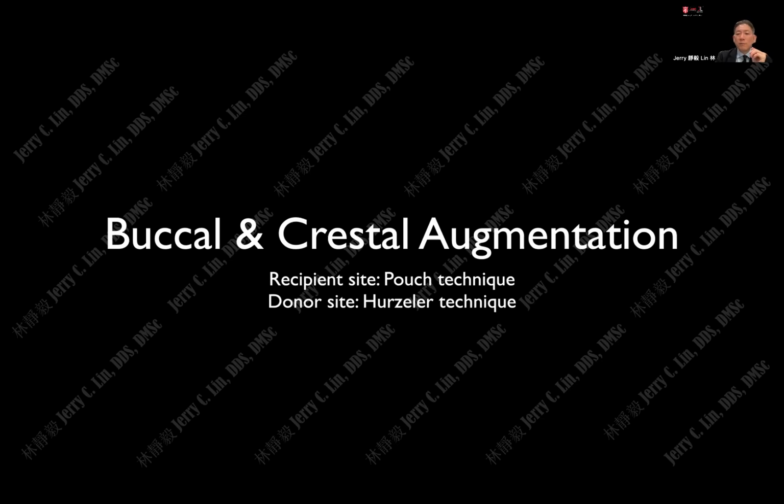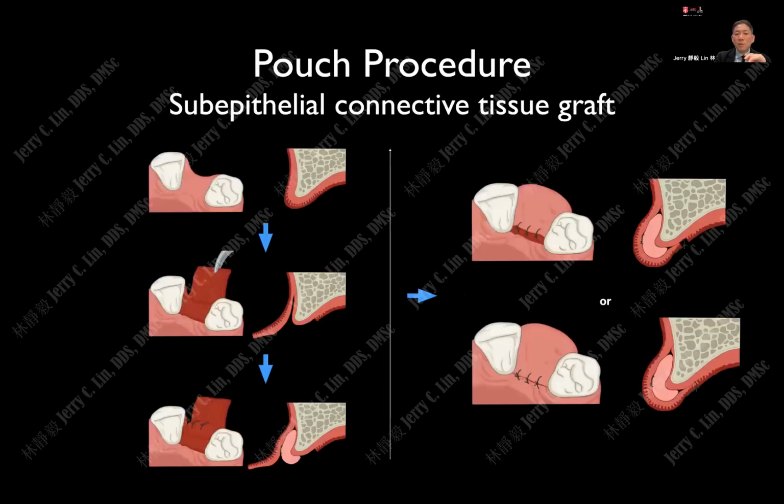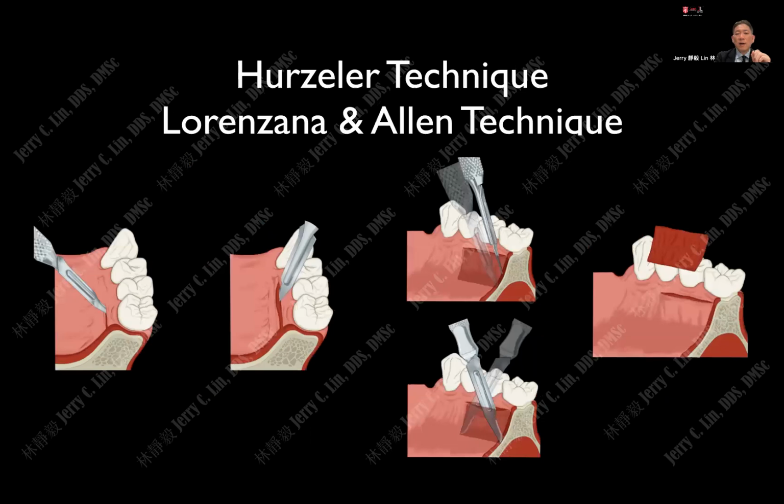So we use the Herzl technique or Lawrence Island technique for the donor side, and the pouch technique for the recipient side. This is the original pouch technique and the modified pouch technique. And this is the donor side, the Herzl single incision technique.